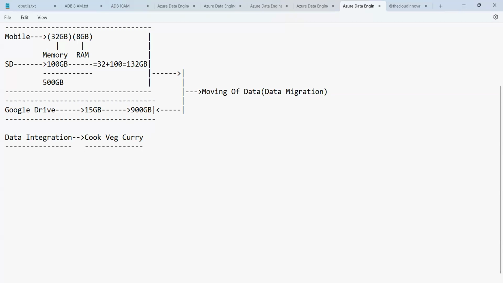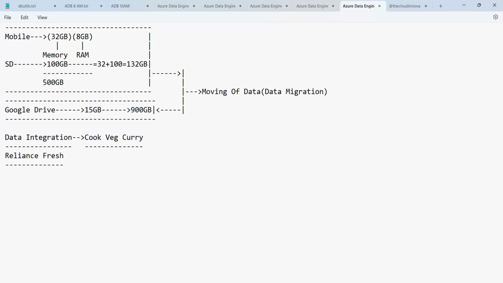Or even you can say you will have supermarkets also for the vegetables. Let us say Reliance Fresh. So here, guys, you have the Reliance Fresh. Reliance Fresh is a supermarket where you get all the vegetables at one store.